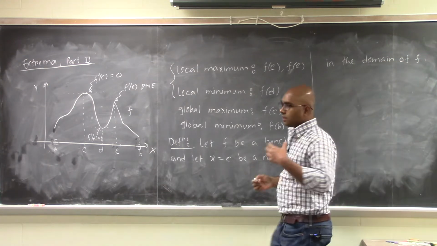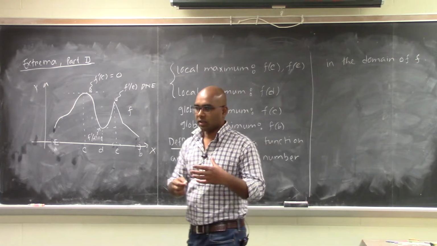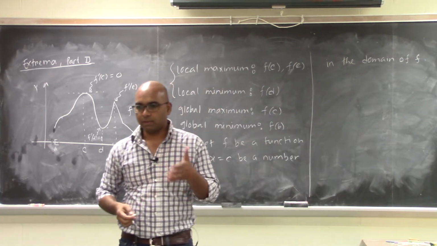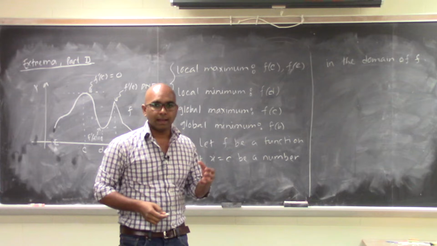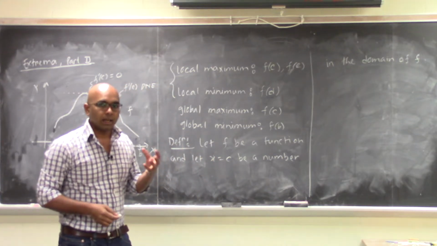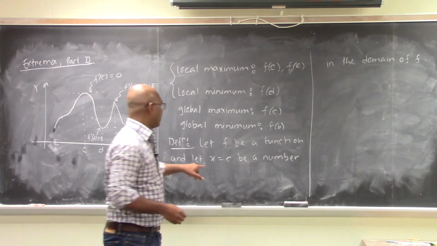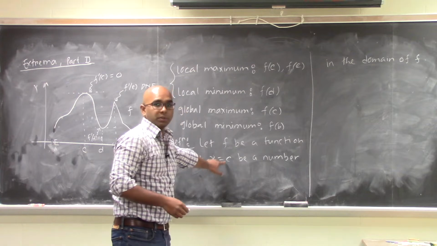Okay, so last time we solved problems, we figured out the critical numbers of a given function, and once you do that, you always need to be careful about this thing. This number has to come from the domain.